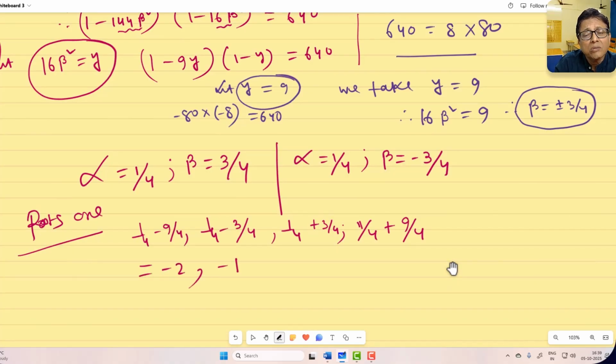So what are the roots you are going to get there? Minus 2, minus 1, 1, and this one just check once. Actually, I made a mistake here. This is minus of 1 and 5 by 2. 10 by 4, 5 by 2.